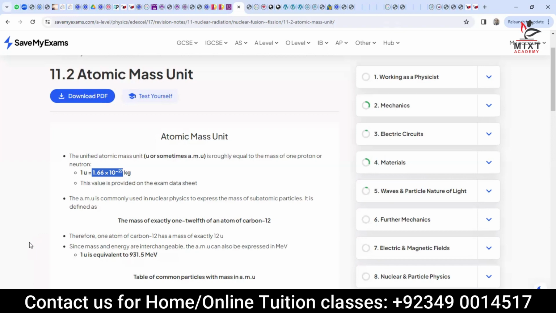Second thing, 1u value can also be expressed in terms of mega electron volts. So if I ask you what is the total mega electron volt released, then it will be 12 into 931.5 mega electron volts. So you will get your energy released for 12u as well.